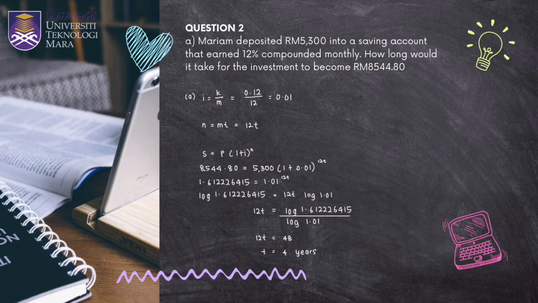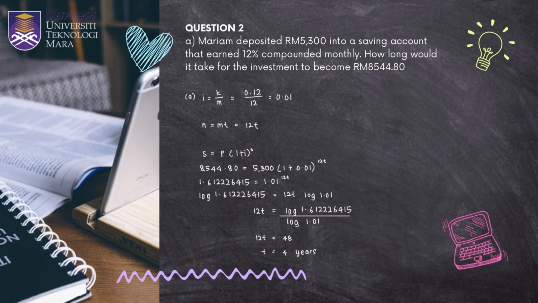First, 8,544 and 80 cents divided by 5,300 and we will get 1.612, but we need to take the full answer in the calculator. Now we need to bring 12t in front. For this question, we need to use log for the next calculation.